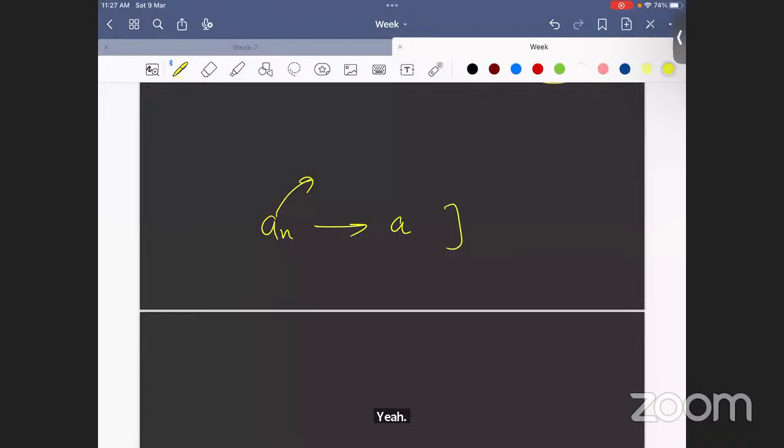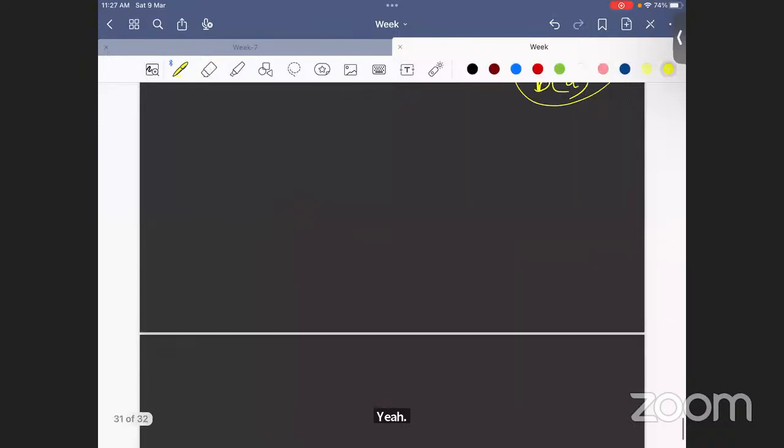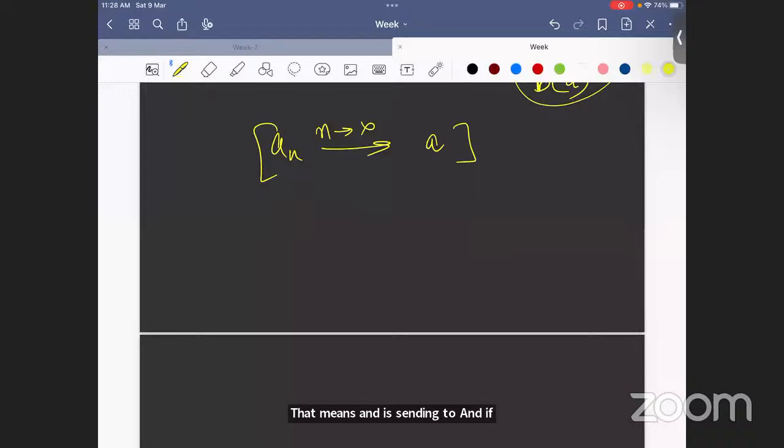There are so many other methods to say that, but it's fine, it's pretty simple. Whenever you have a sequence and it is converging to A, that means n is tending to infinity.